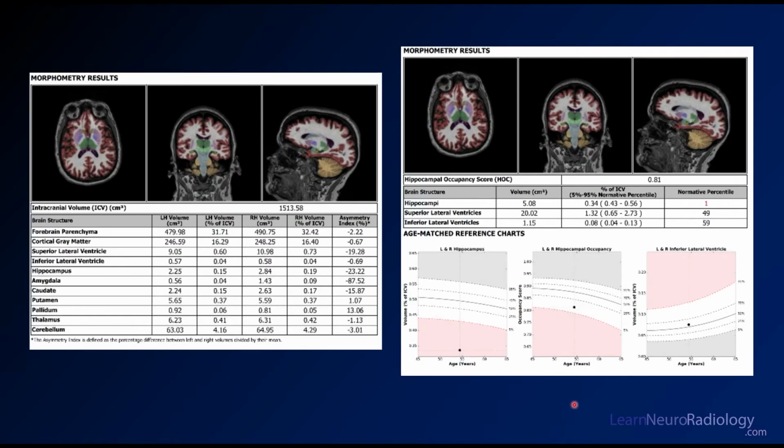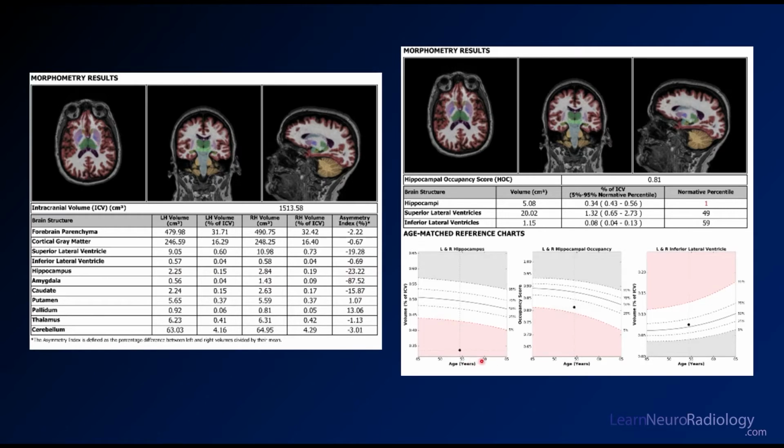This is some volumetric software that we use at our institution. It's commercially available. It's called NeuroQuant. This shows you some of the morphometry of the hippocampi and some of the brain structures. We often use it in cases of seizure to see how the hippocampi look. So this does automatic segmentation and tells you the volume of the hippocampi. The left hippocampus is about 23% smaller.